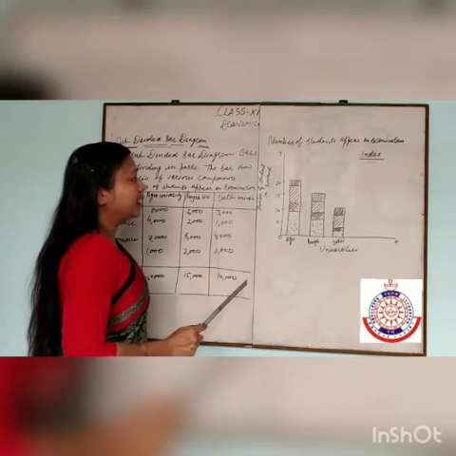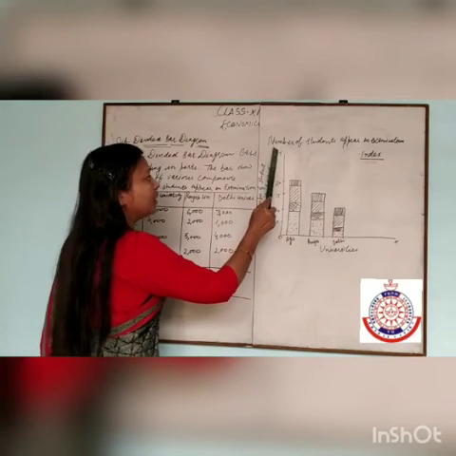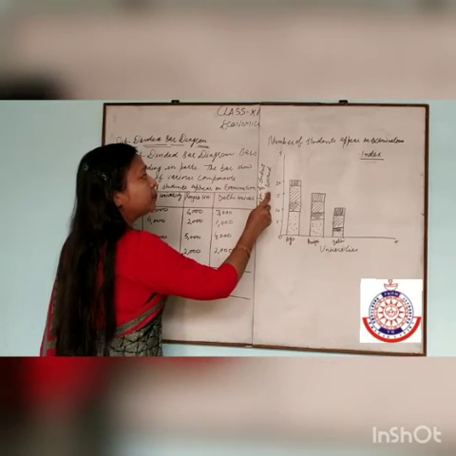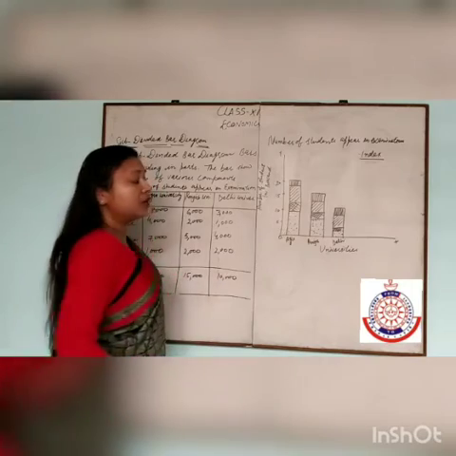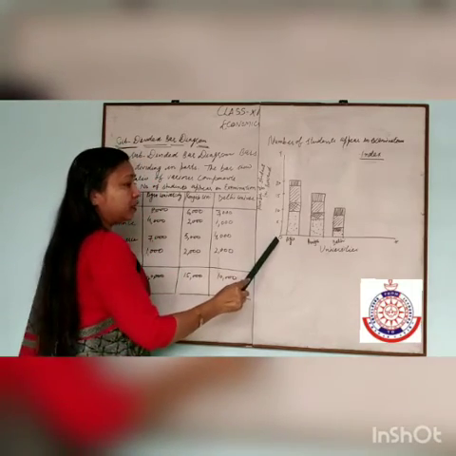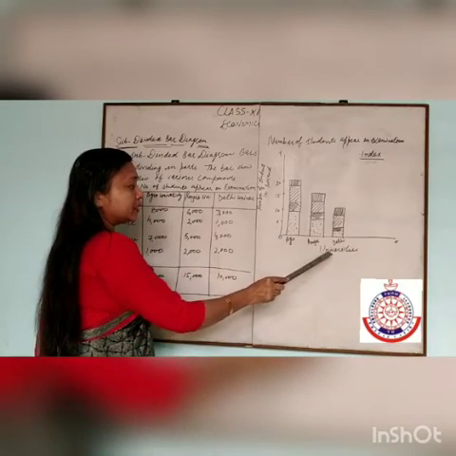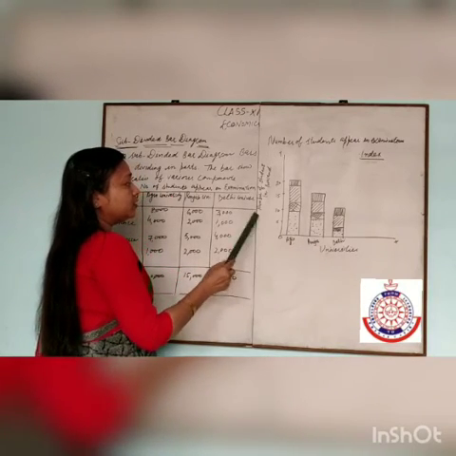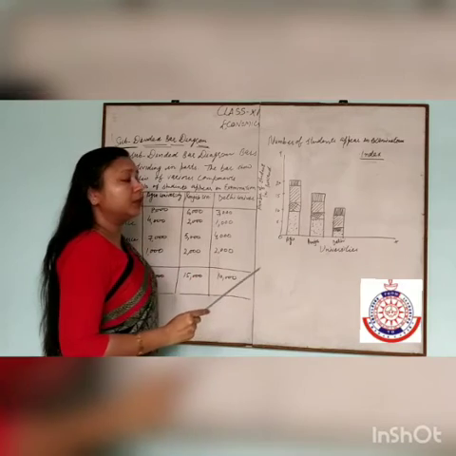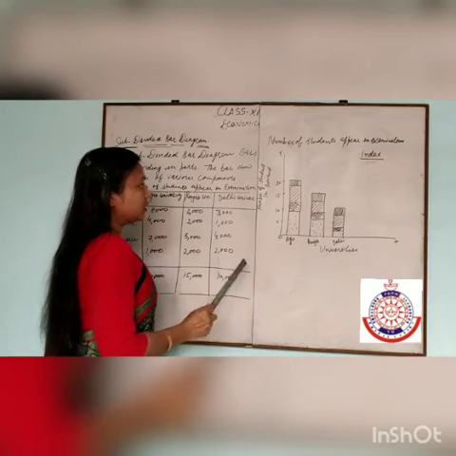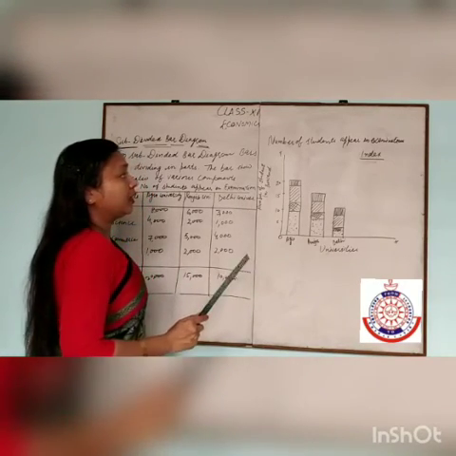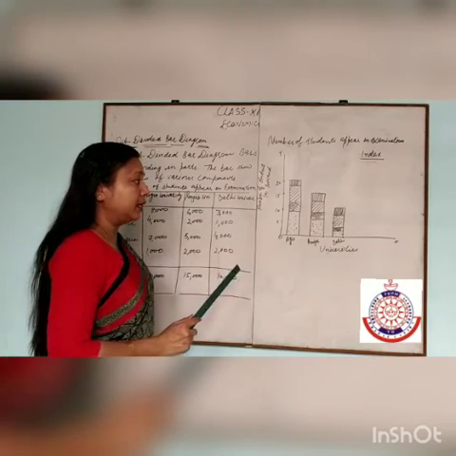So in the subdivided bar diagram, first of all we will write the title, number of students appearing in the examination. After that we will take OX axis and OY axis. On OX axis we will show the universities, on OY axis we show the number of students in thousands. Now how can we make the subdivided bar diagram?